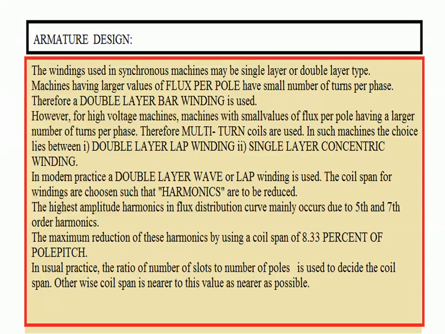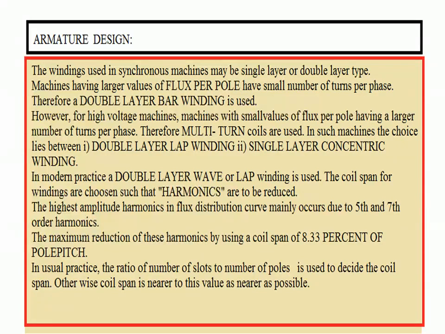The coil span for windings is chosen such that harmonics are reduced. We already know the main effect of fifth order harmonics as well as seventh order harmonics, which affect the performance of the machine.